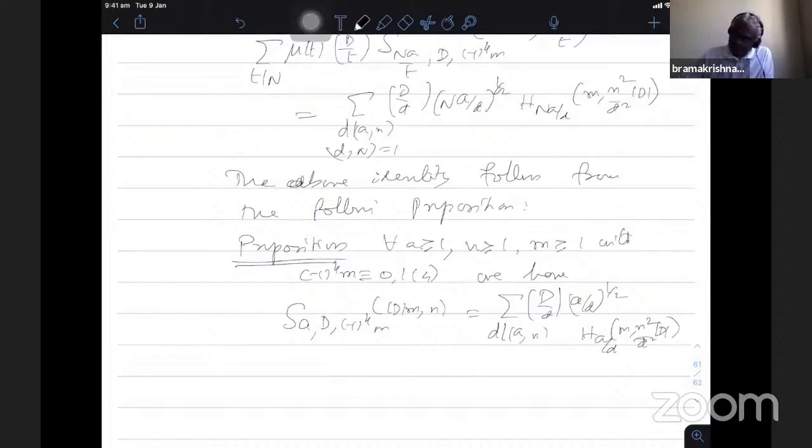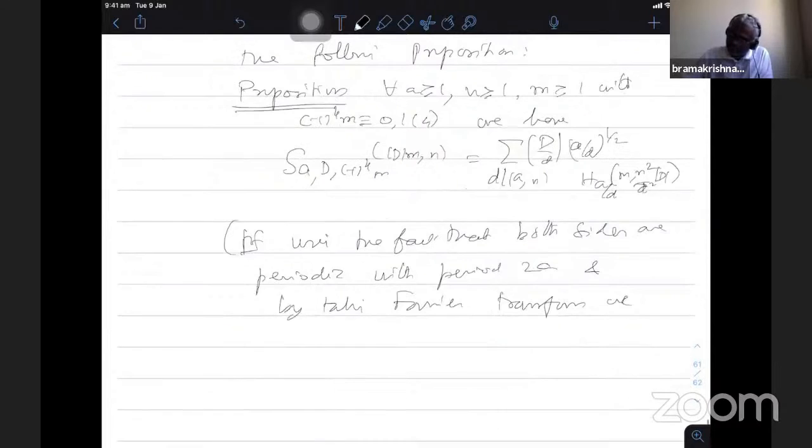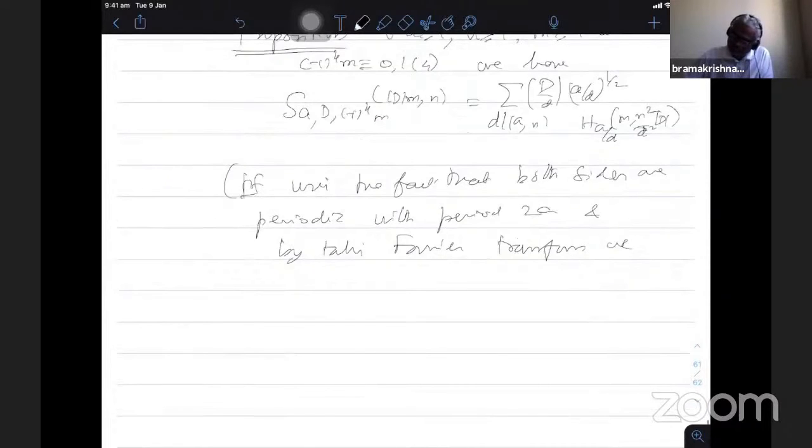So the proof uses the fact that both sides are periodic with period 2a, and by taking Fourier transforms, it is shown that they are equal.